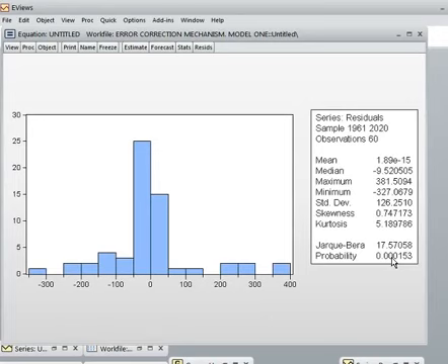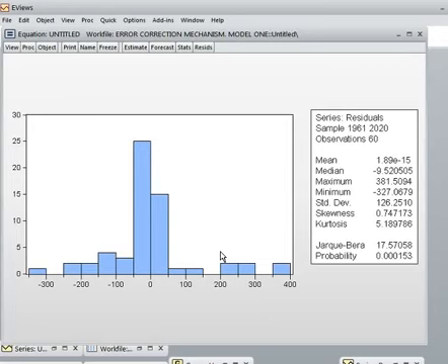The residual of the error correction model is not normally distributed, but that is not desirable. What is desirable? Residual should be normally distributed. That is desirable. But here in our error correction model, the residual is not normally distributed.